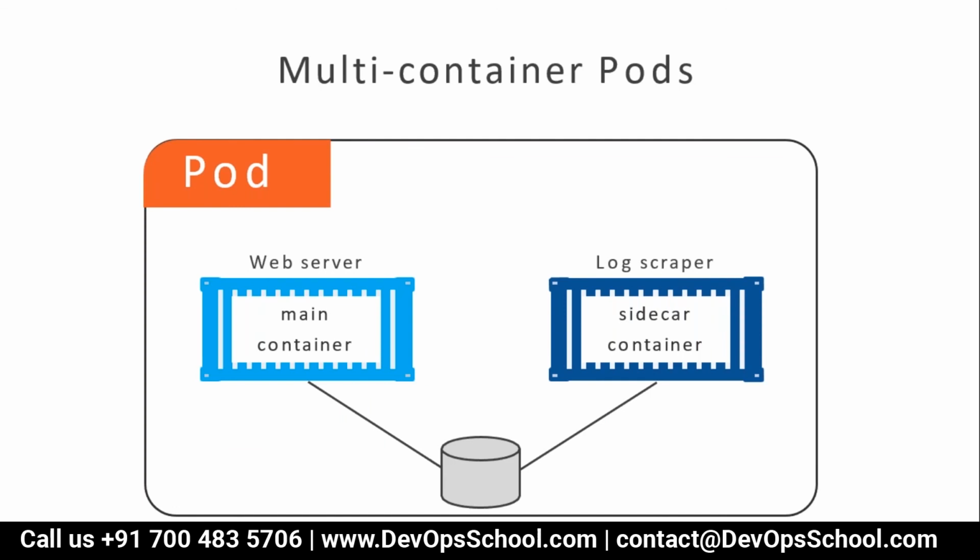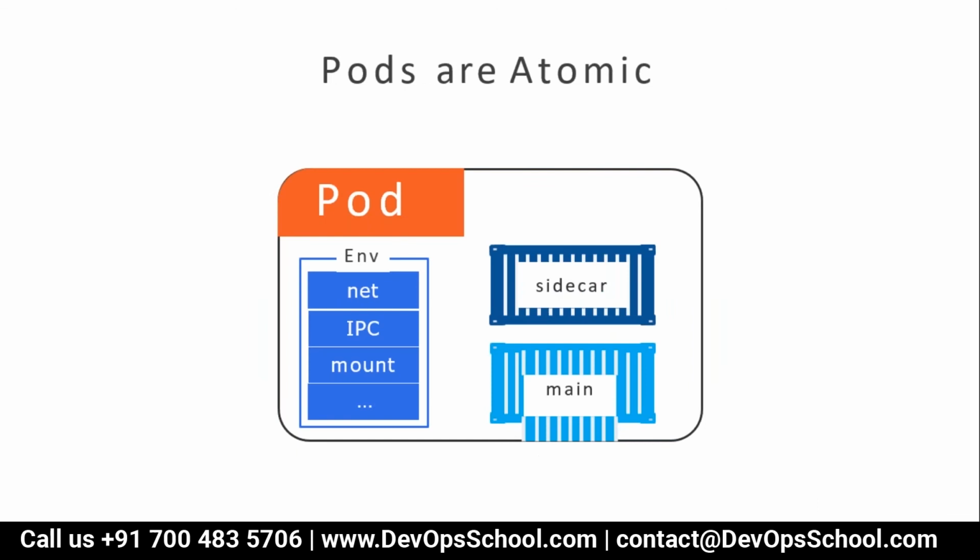Again, remember, any resources allocated to the pod, such as network, mount (volumes can be attached to the pod also, I'll teach you later), and IPC, anything attached at the pod level, all containers can access. That means the sidecar will access the same network, the main will access the same network, the sidecar will access the same volumes, and the main will access the same volume mount.